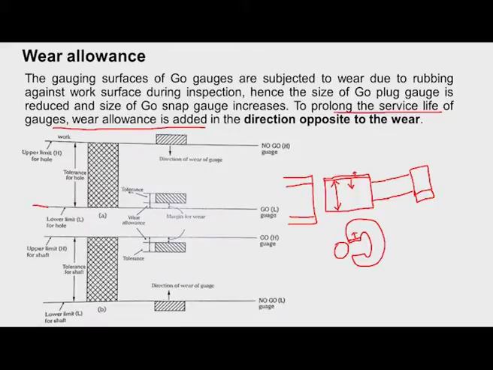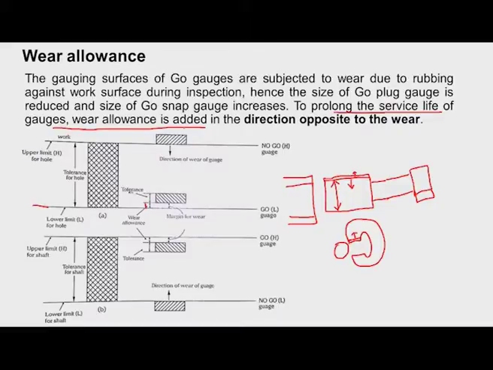Since the wear is occurring on the gauges, we have to allow wear allowance in the opposite direction, so you can see here wear allowance is provided, and then the gauge tolerance is provided. Similarly no go gauge is designed to the upper limit of the hole, and the tolerance is given outside the tolerance for hole.